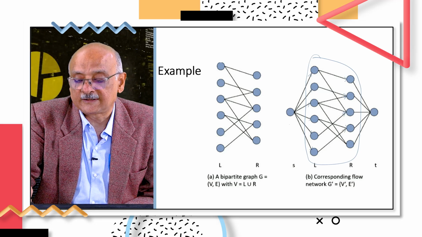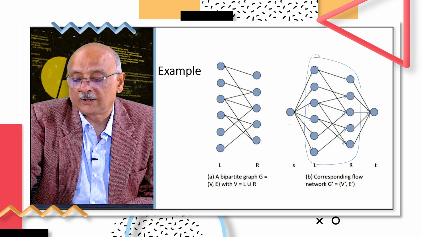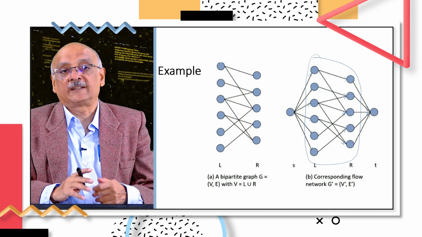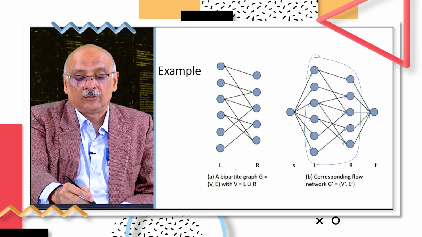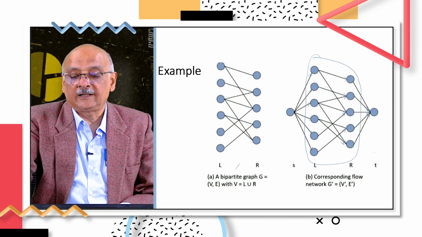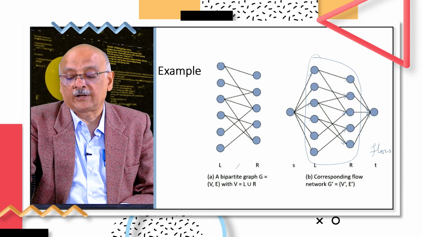So these are the edges towards this particular thing. So from a typical bipartite graph, what we have created now is a flow network graph.